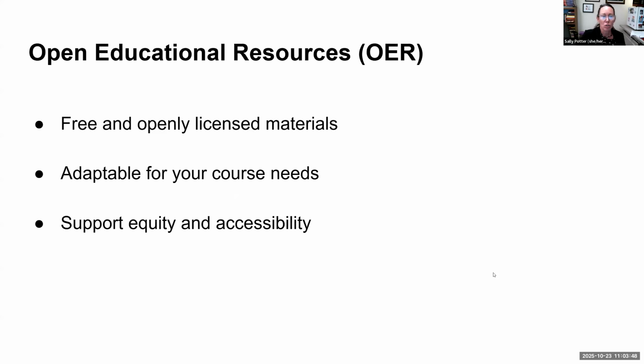Really quickly, let me tell you what we mean when we say OER. These are materials that are openly licensed. They have a particular license on them and they are free. Usually they're digital materials, though they can be printed in some cases.